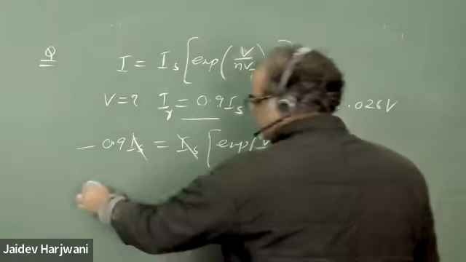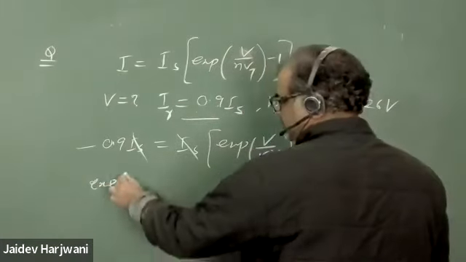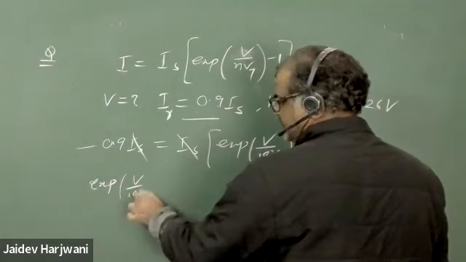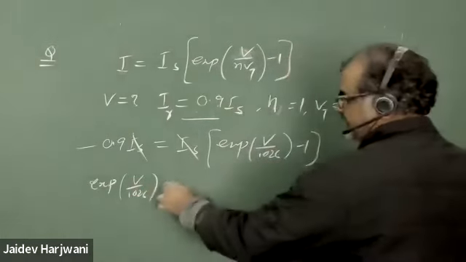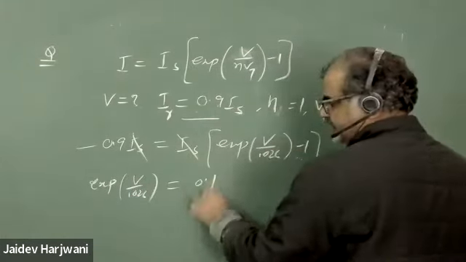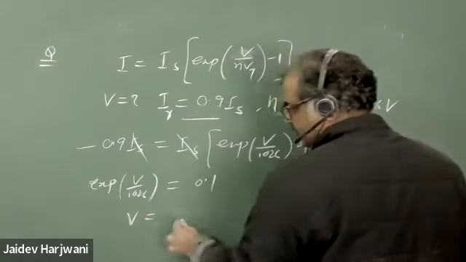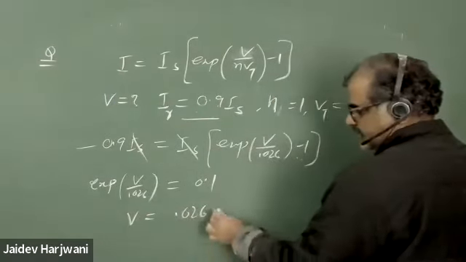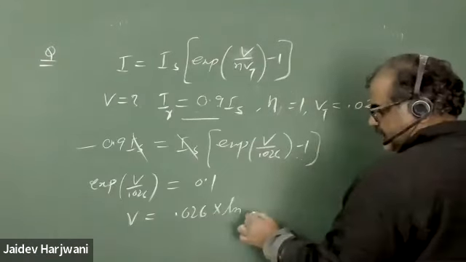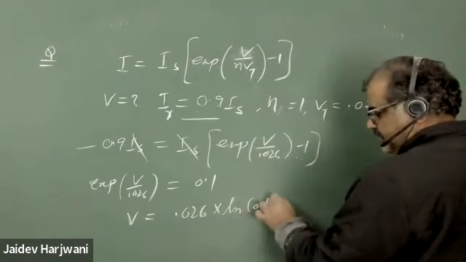So if I write exponential, V upon 0.026. Now how much am I getting? I'm getting this 0.1. So V will now be 0.026 into ln 0.1.